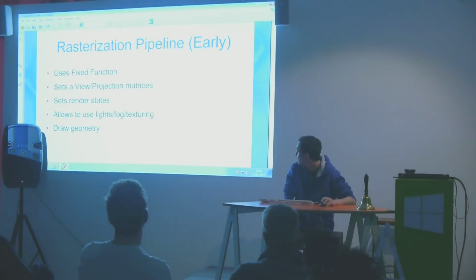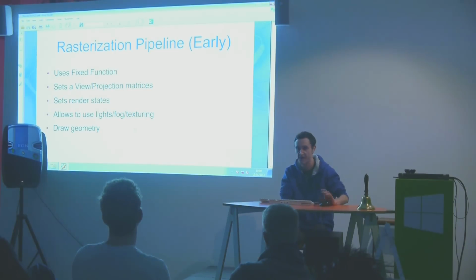Now I'm going to speak more about rasterization, because that's the technique we use the most, because we use DirectX. In the early stage, you only had a fixed function pipeline, which basically means you set a view and projection matrices, which is your camera, and that's normally a perspective. You set some render states. You had a limited amount of lights, so you say, I want this light here, and I want it to be a point light.